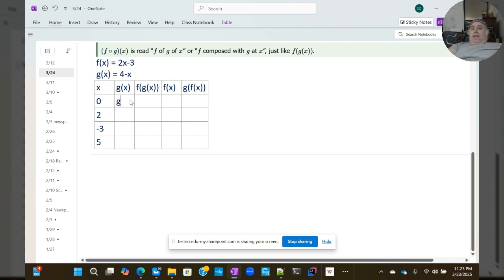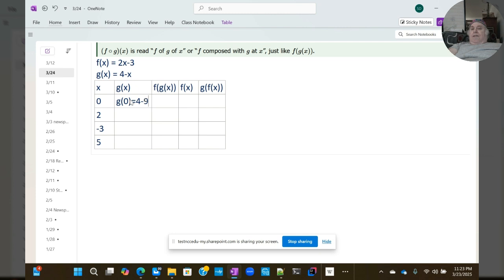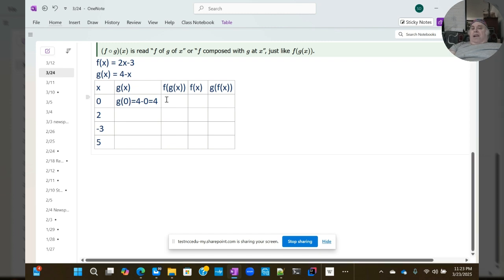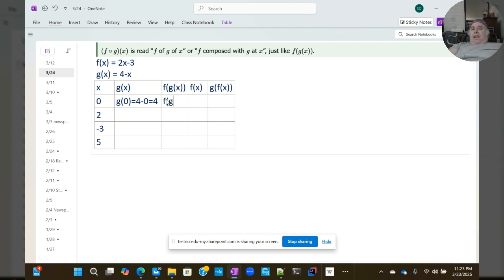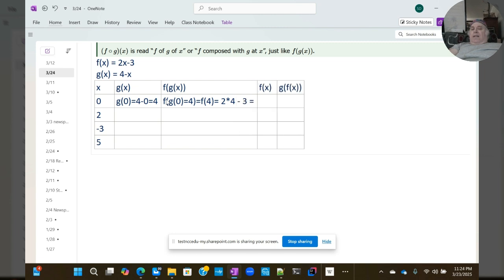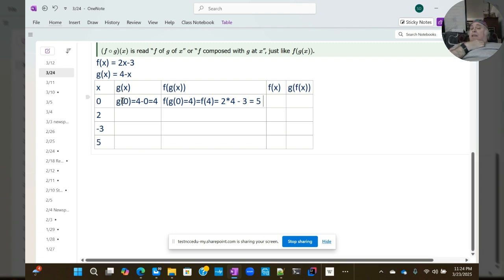So g of 0 equals 4 minus 0, which equals 4. Then f of g of 0 equals f of 4, which equals 2 times 4 minus 3, which equals 5. So that's how we first throw the 0 into g, and then take the result and feed it into f.